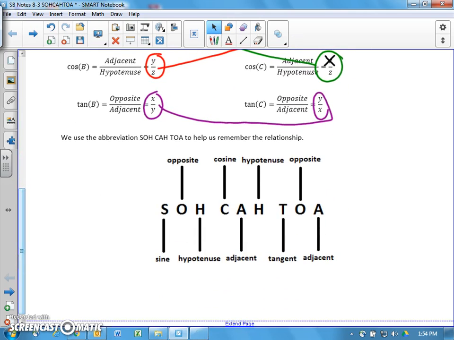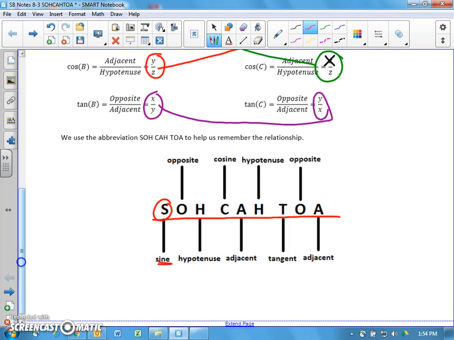So this is a lot of information to remember, and so we all use the acronym SOHCAHTOA. S stands for sine, C stands for cosine, and T stands for tangent. In all of these, O is opposite, A is adjacent, H is hypotenuse.